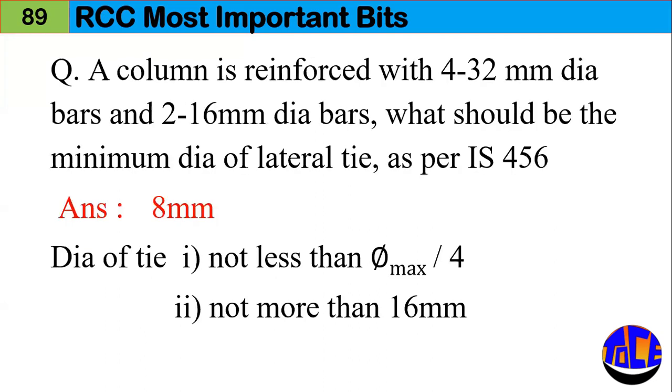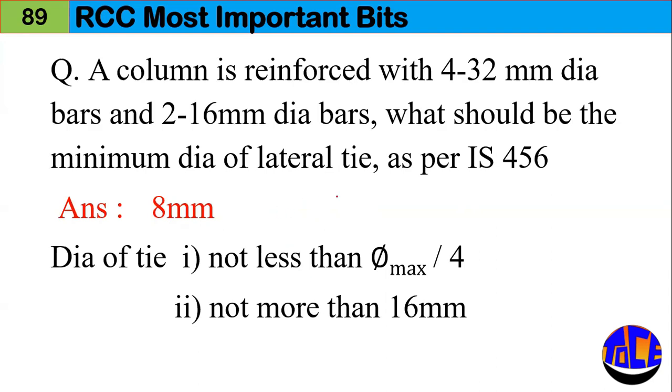Question number 89. A column is reinforced with 4 bars of 32 mm dia and 2 bars of 16 mm dia. What should be the minimum dia of lateral tie as per IS 456?